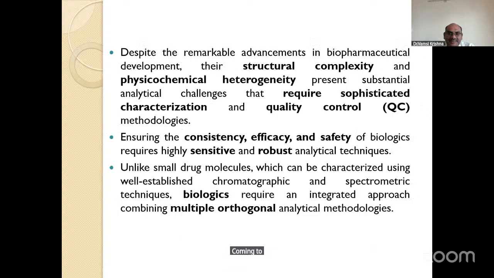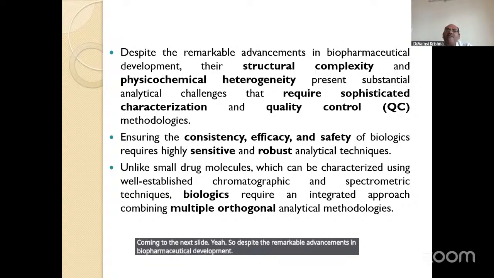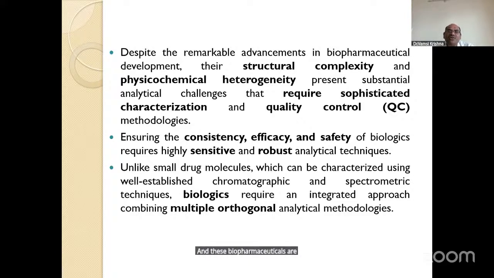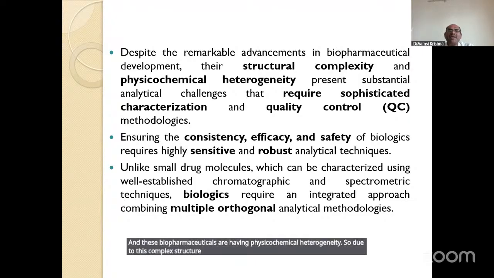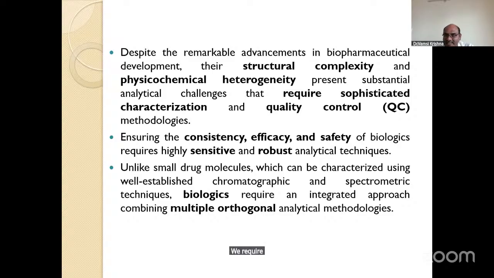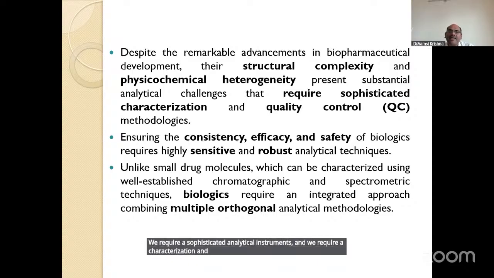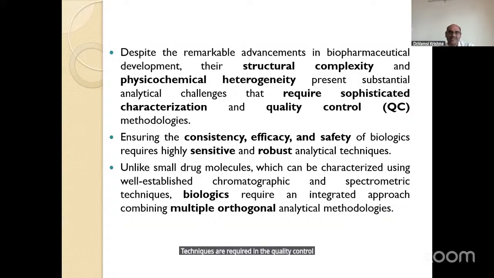Coming to the next slide. Despite the remarkable advancements in biopharmaceutical development, these have structural complexity and physicochemical heterogeneity. Due to this, we require sophisticated analytical characterization, sophisticated analytical instruments, and very diverse techniques in quality control methodologies.